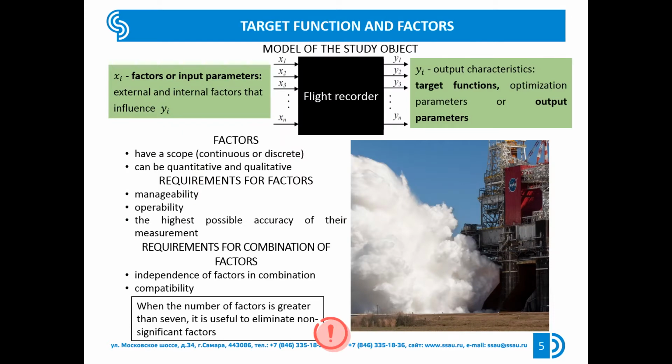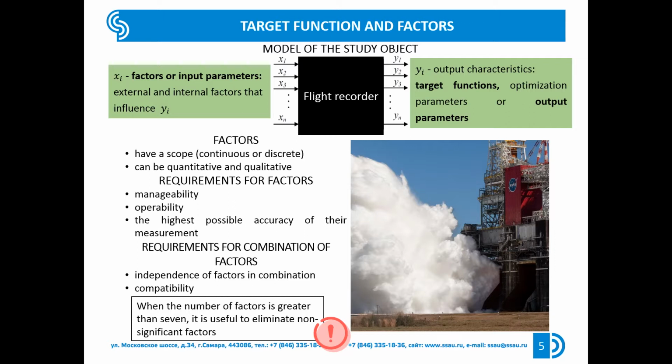In the study of complex systems with insufficiently clear internal connections, such as LPRE, a black box model is usually used. The Y outputs represent the output numerical characteristics called target functions, optimization parameters or black box output parameters.